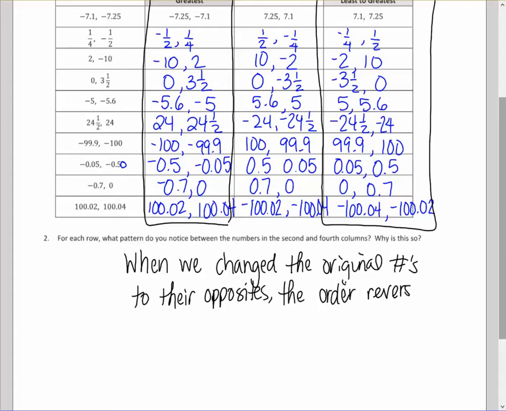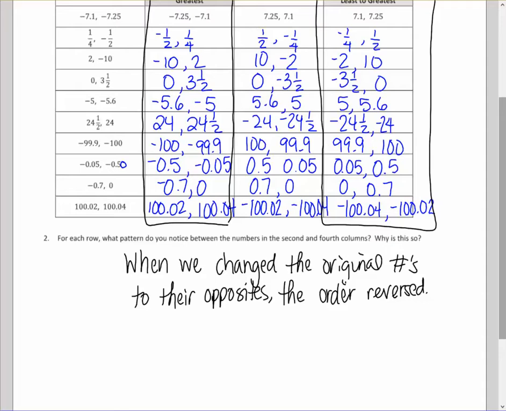Obviously, when you switch to the opposites, you're comparing totally new numbers. But as we saw in examples on Friday, if we were plotting 5 and 7, we know the 7 is to the right of the 5. But if we are talking about negatives, the negative 7 is to the left of negative 5.